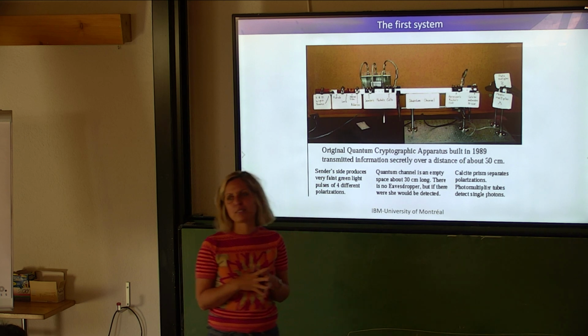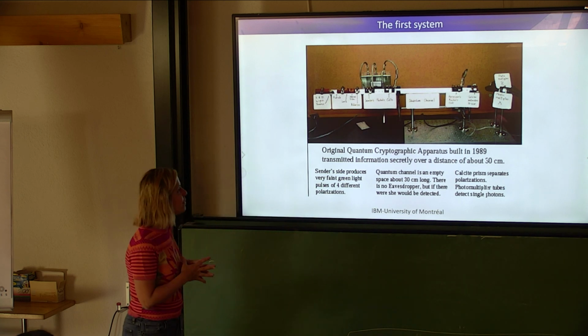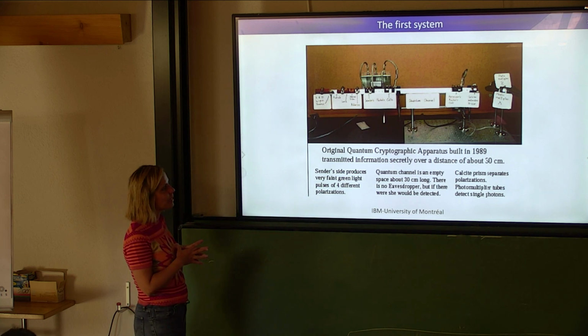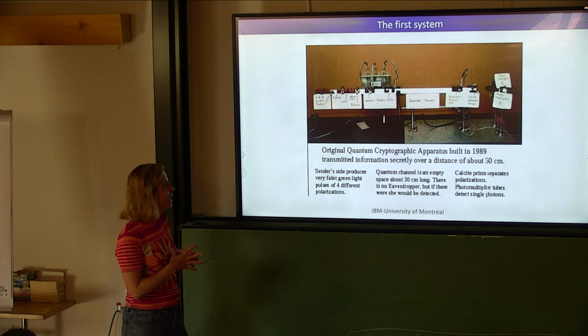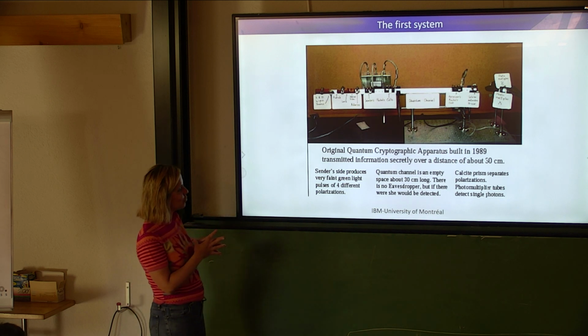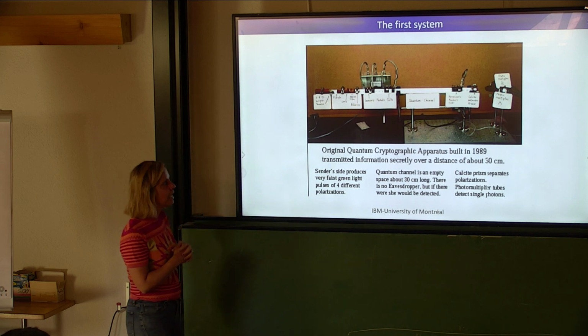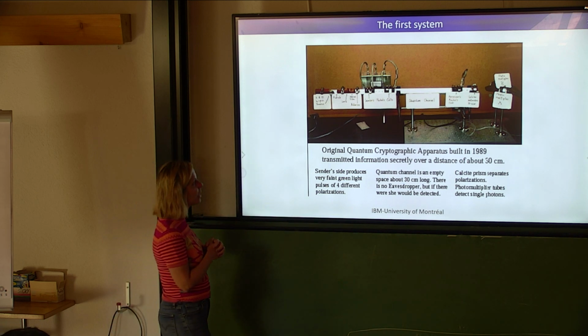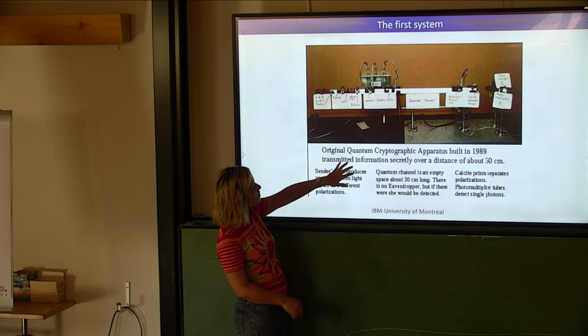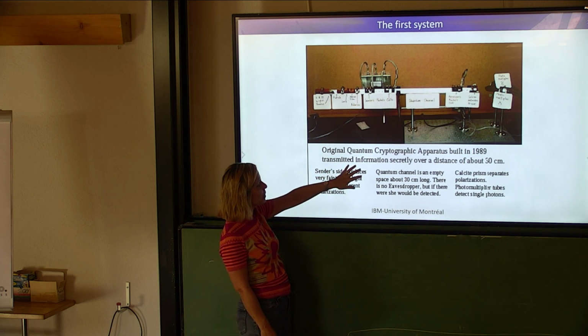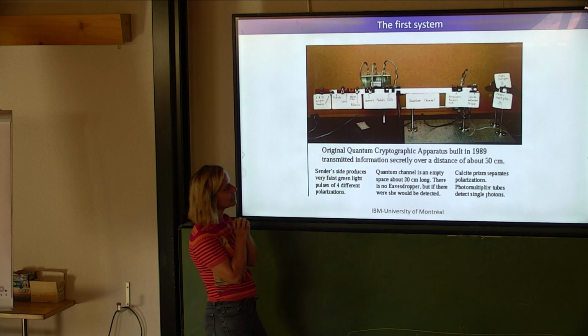They exist from the very, very beginning of the field. I have here, and maybe some of you have seen it already, the very first QKD system that was built. It's an old device that was built by the teams at IBM and University of Montreal, where Charlie Bennett and Gilles Brassard were, and it was written, as you see here, that the information is transmitted secretly over a distance of about 30 centimeters.